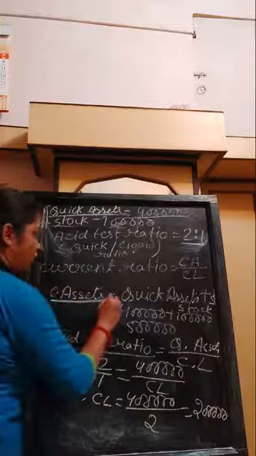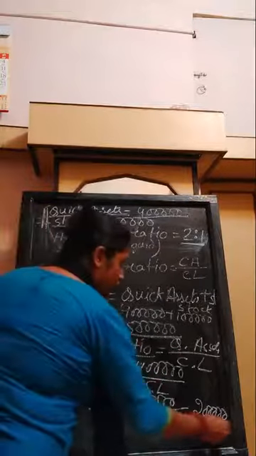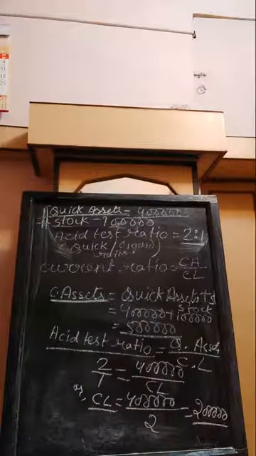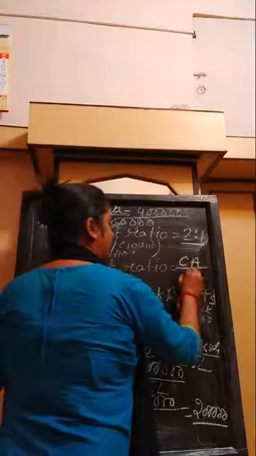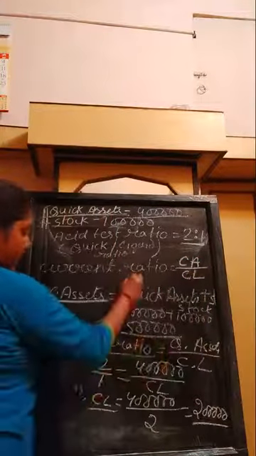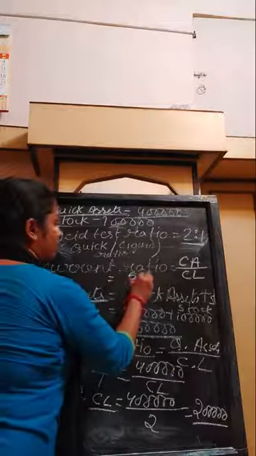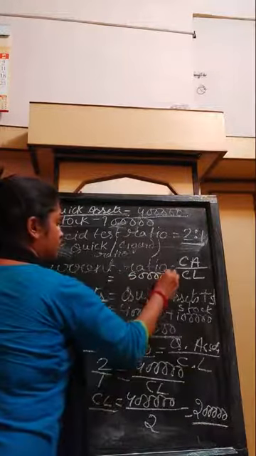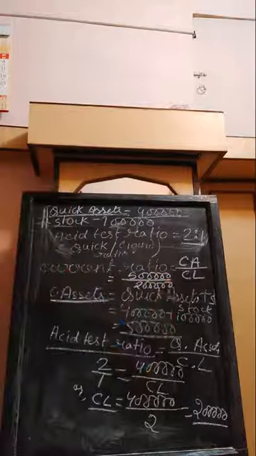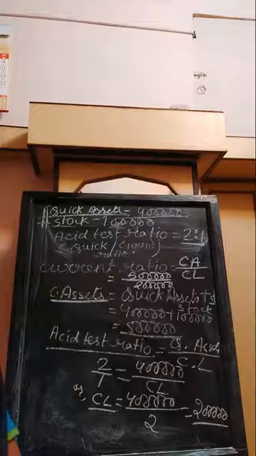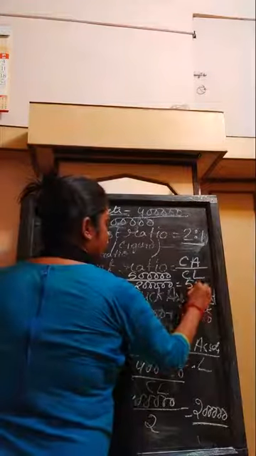Current asset we have already found out 5 lakh, and current liability is coming 2 lakh. So current ratio is nothing. It is the ratio of current asset by current liability. So it will be nothing but 5 lakh by 2 lakh. 5 lakh by 2 lakh is coming, which means 5:2.